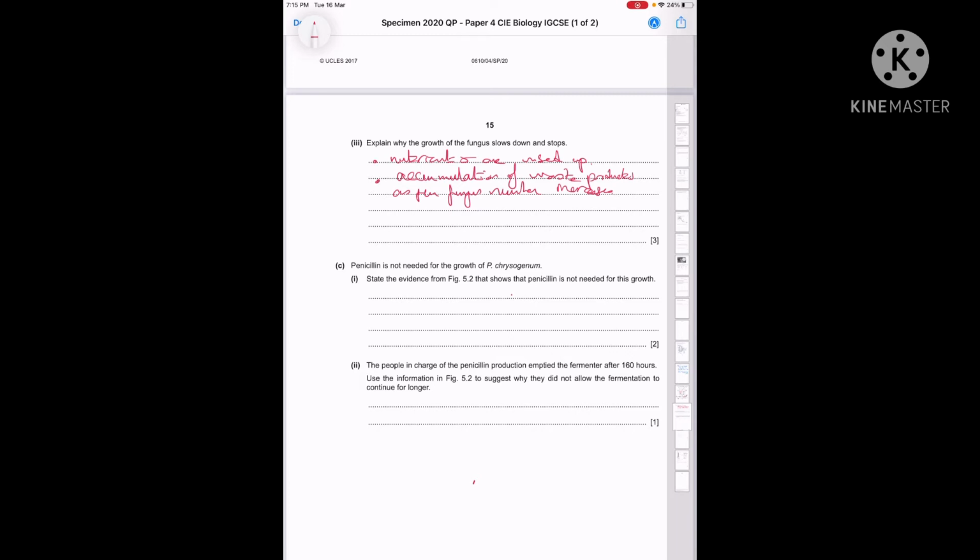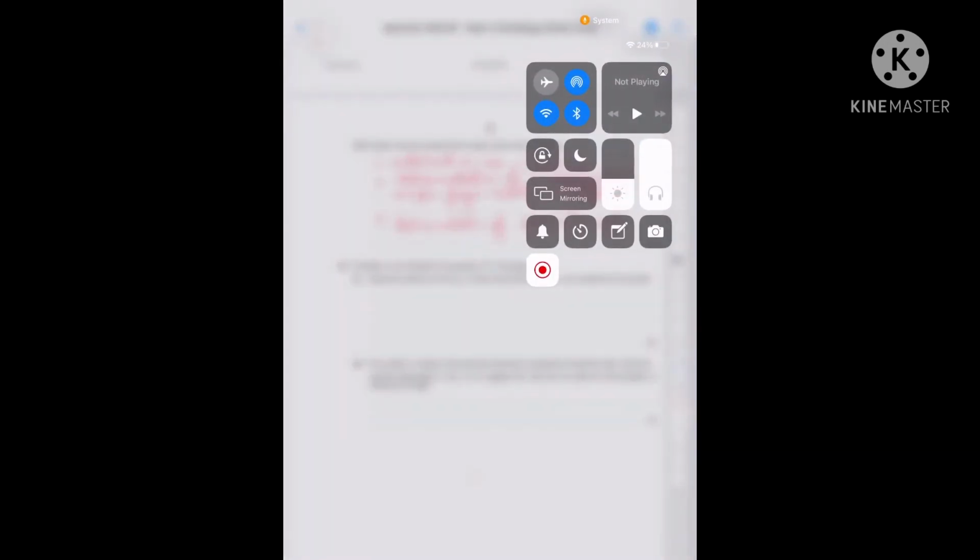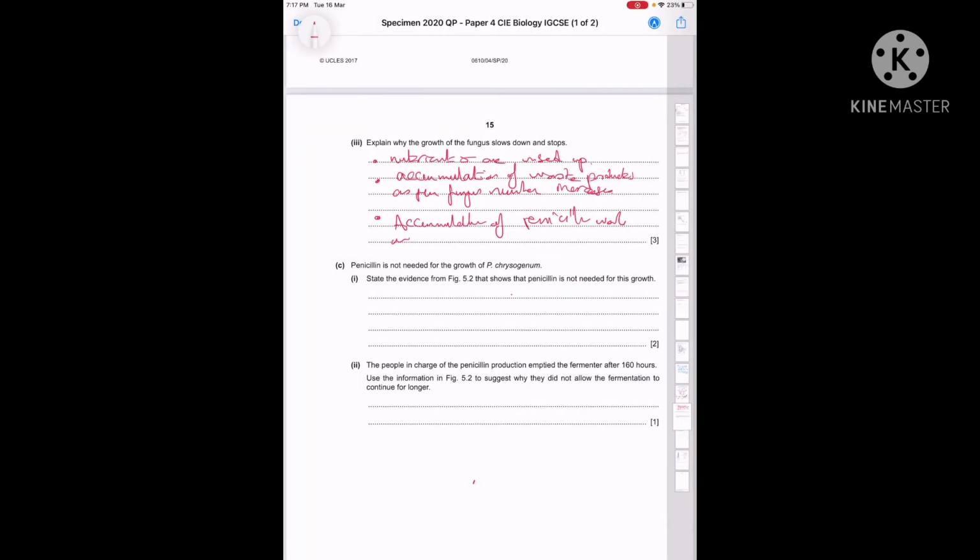We said this fungus will make a lot of penicillin, okay? So I would say also accumulation of the penicillin would inhibit the growth. Okay, so as well as accumulation of penicillin would inhibit the fungus growth. Okay.